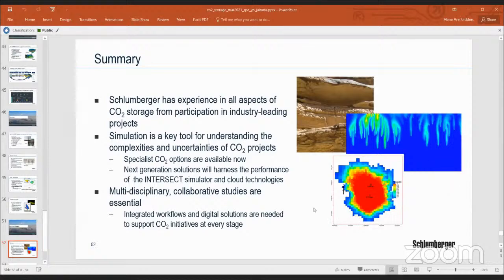So there are various significant parameters for CO2 injection. They include the basic things like the temperature, the geological structure, the pressure, and the salinity of the brine.